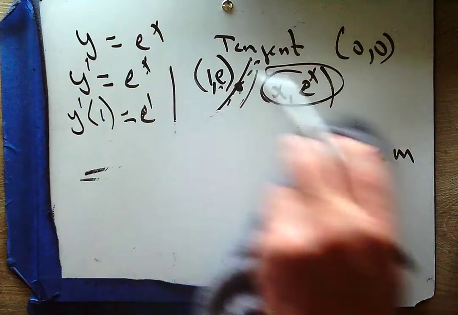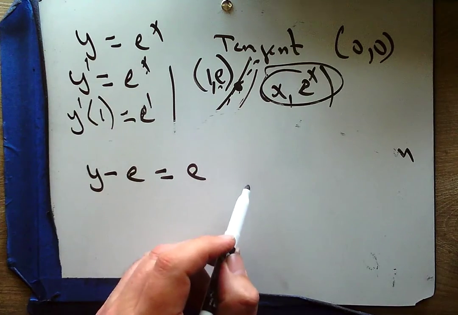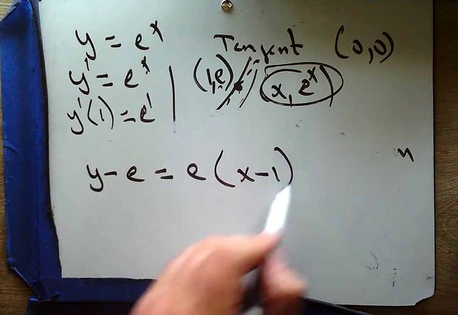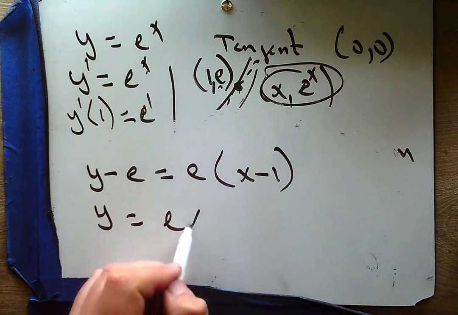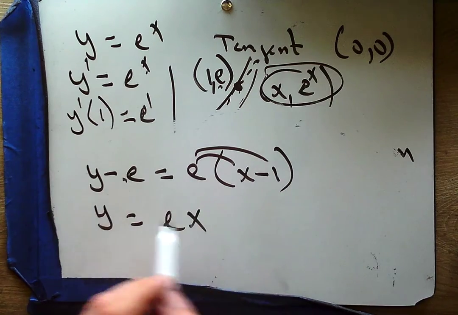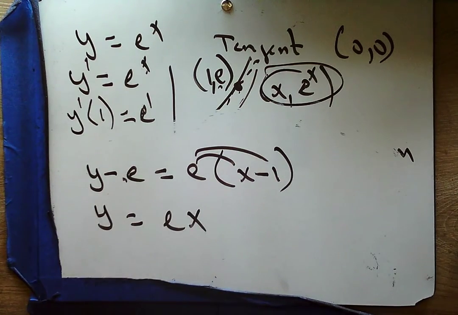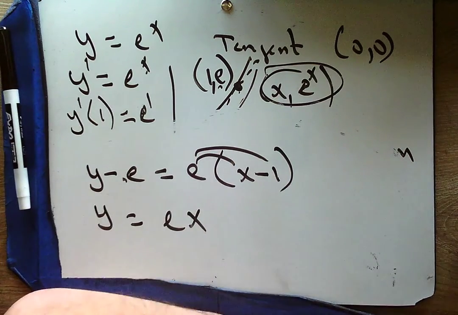So my tangent line equation then, y minus e equals e times x minus 1, which I think is just ex, right? Because this is going to be minus e plus e, they'll cancel, and there's my tangent line equation.